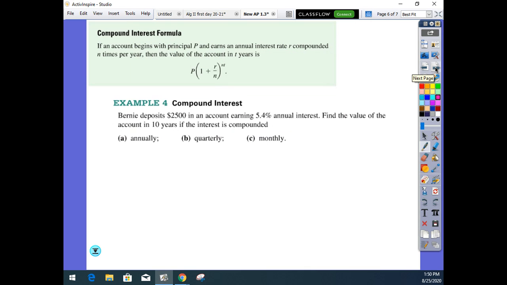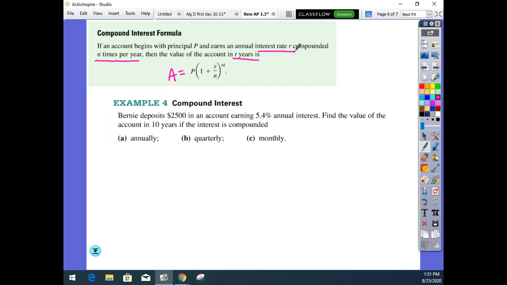The compound interest formula, I'm going to call that A equals P times 1 plus R over N, all raised to the NT. This is in your book if you can't see this so well. N is the number of times per year, T is in years, R is the rate.